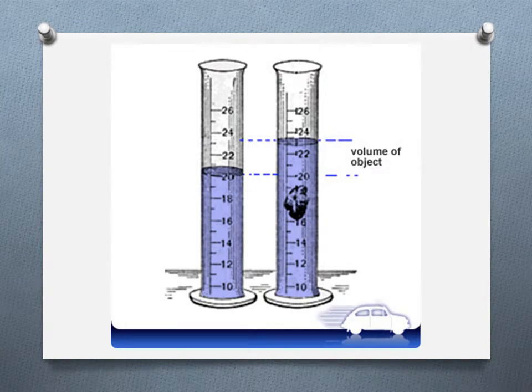The water in this graduated cylinder is at 20, and they put in their irregular object, which looks like a rock. And it looks like the volume with the object ends at about 23. So you would subtract 23 minus 20 to find the volume of the object, which would be 3.